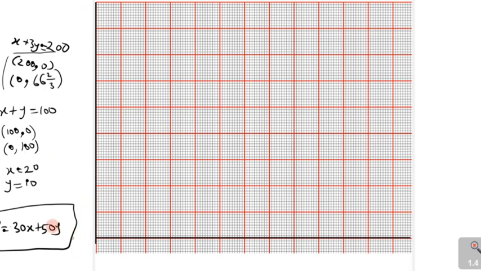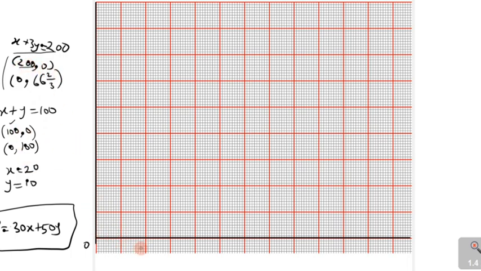So I've drawn my x and y axis. We're going to choose a suitable scale. The values are reasonably large. For x, we have up to 200, because that's what we have here, and for y, we have up to 100.